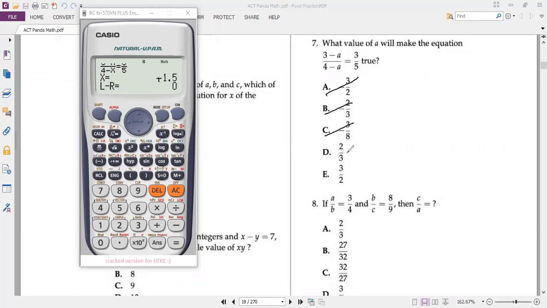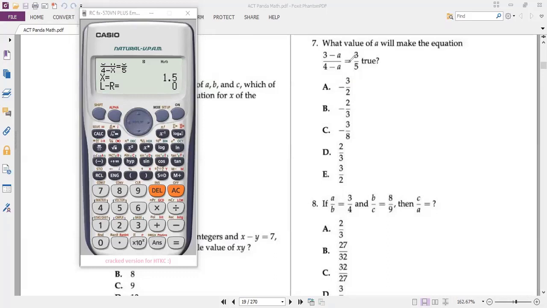This is improper. This is a real fraction. This is improper here. So this must be 1.5. Yes, 3 over 2 looks like 1.5. This is less than 1 because the numerator is less than the denominator. So is this less than 1? The answer must be E.